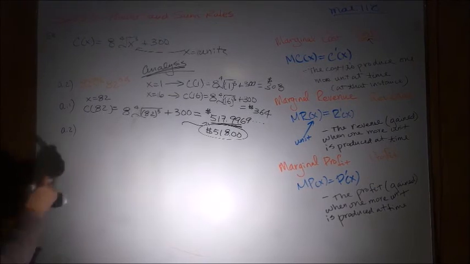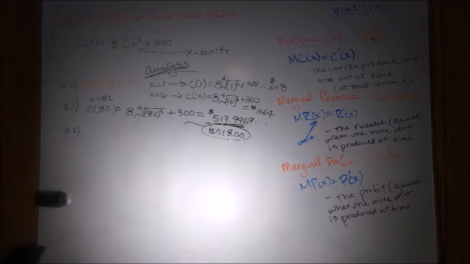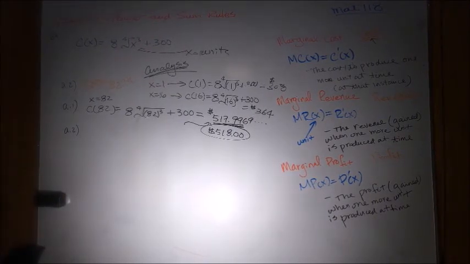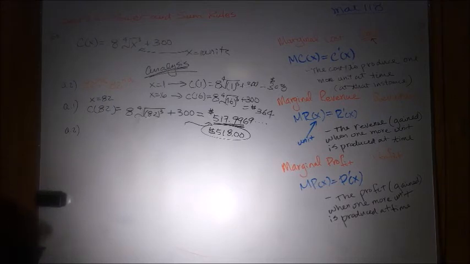Then let's see the second one. The second question is asking how much it will cost to produce the 82nd one. It's not the total of 82 of them.